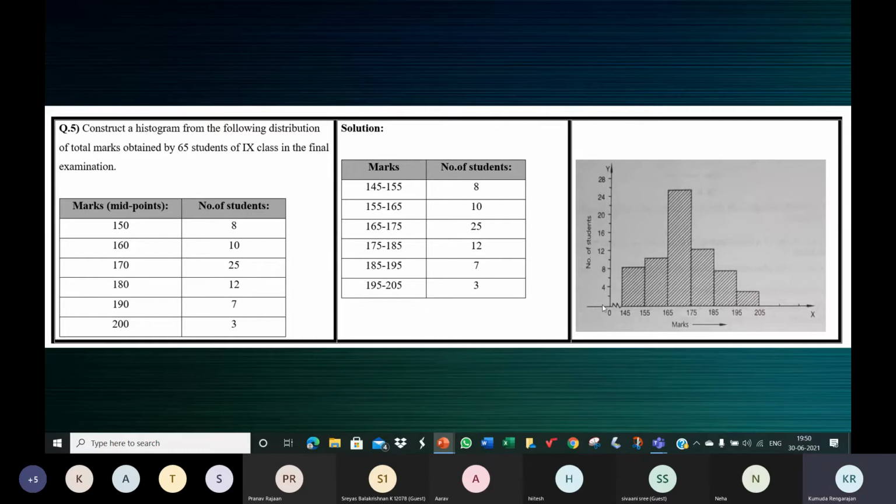Y-axis 1 centimeter, 4 units. You can even take 2 units, 1 centimeter, 2 units.